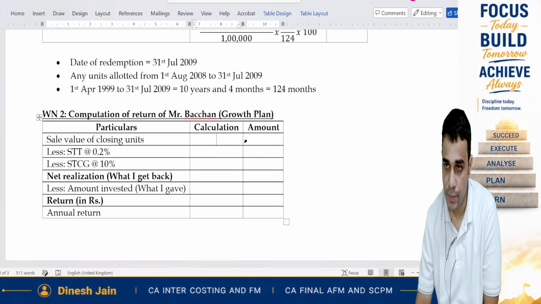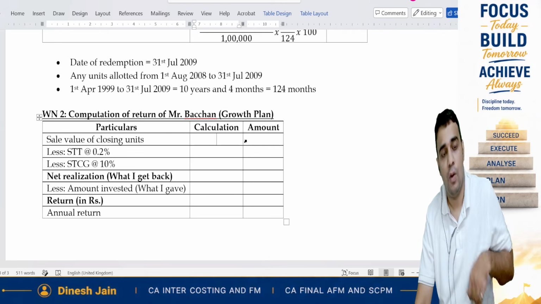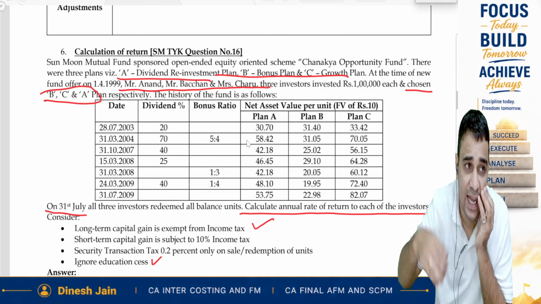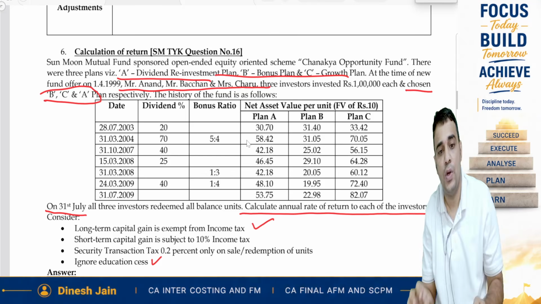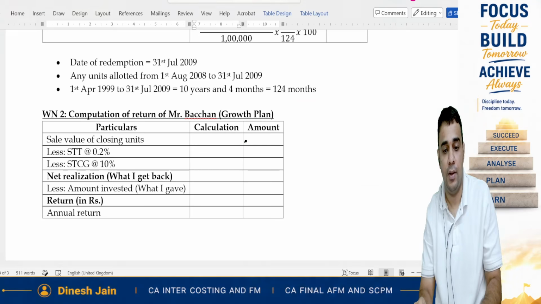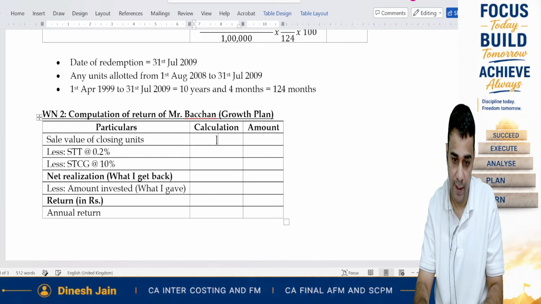Coming to Mr. Bachchan, how much money did he invest? 1 lakh on 1/4/1999. Have they given any NAV? No. So he would have got how many units? 1 lakh divided by 10, 10,000 units.